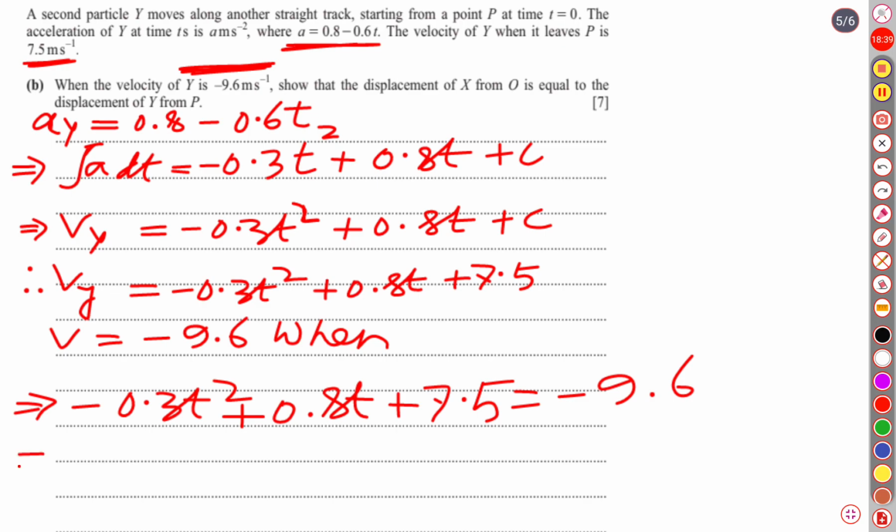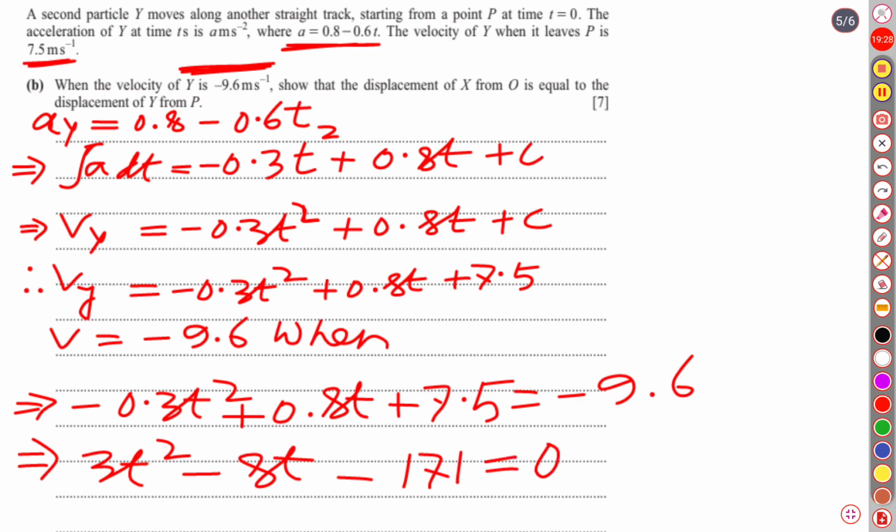After that, if we multiply everything by negative 10, it is going to be 3t squared minus 8t minus 75 equal to 96. If 9.6 is transposed to the left side, it will also be negative, so after doing addition, we have got 96 plus 75, that means 171, so 3t squared minus 8t minus 171 is equal to 0.